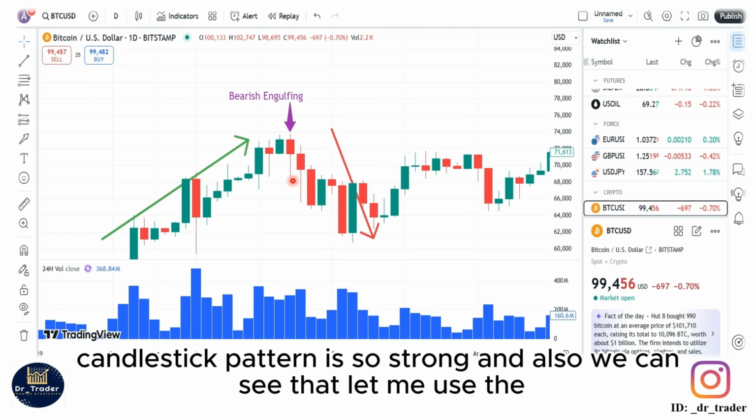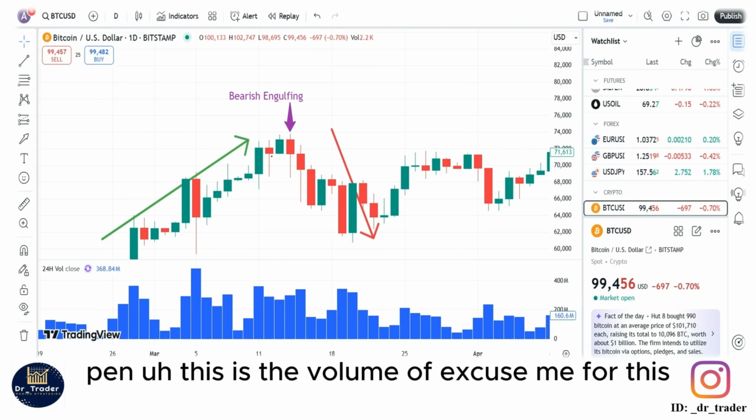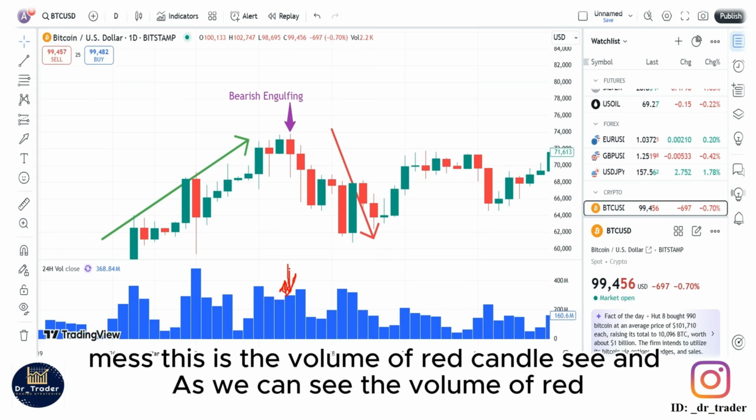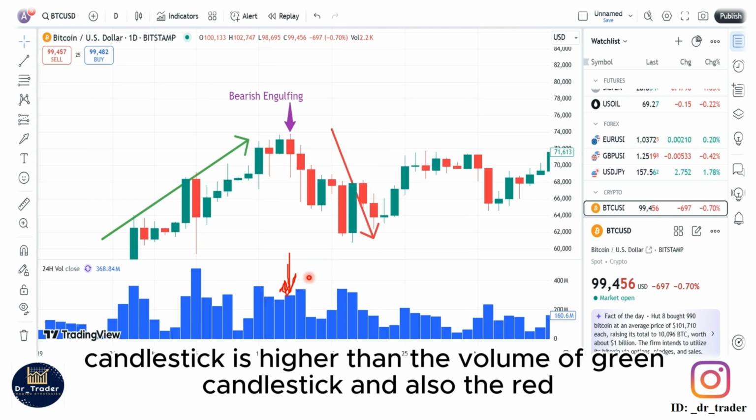And also we can see that, let me use the pen, this is the volume of the red candlestick, and as we can see, the volume of the red candlestick is higher than the volume of the green candlestick.